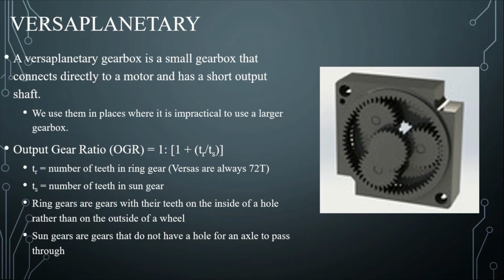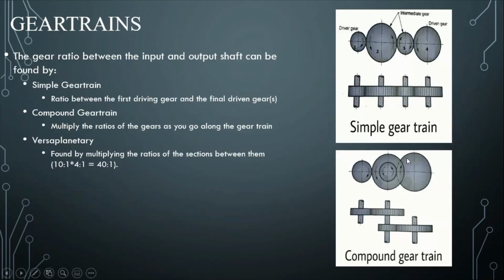You divide that by the number of teeth on the sun gear, which is the gear in the middle that doesn't have an axle. Since it doesn't have an axle, it's turned by these 3 gears on the outside spinning around inside the ring gear.